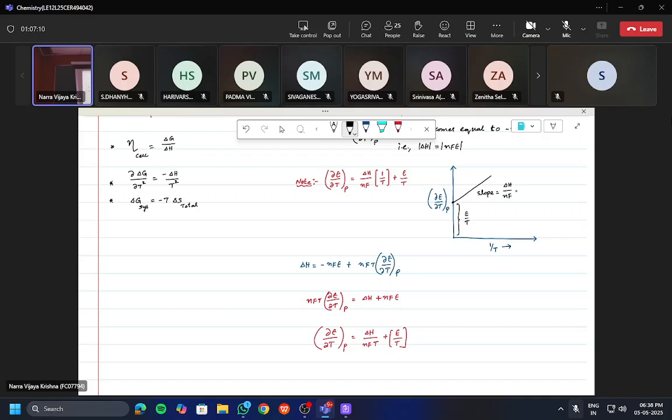Now, if I write delta H upon nFT as intercept, then slope becomes equal to E. If this is intercept, E becomes slope. If this becomes intercept, delta H by nF is slope. The only difference is that if I multiply intercept with T, it becomes equal to slope, for the other graph. Clear?